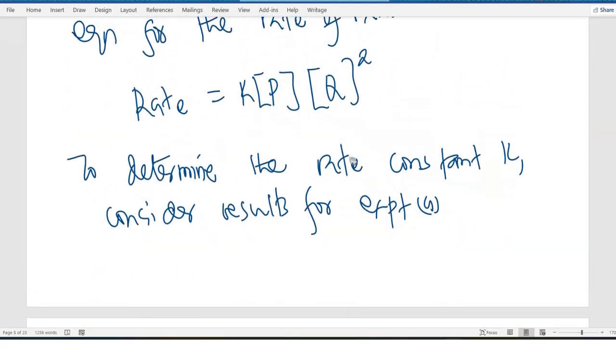So this is going to give us K, which is going to be 2 divided by 0.5 times 1 squared.